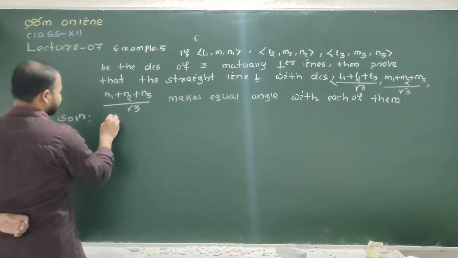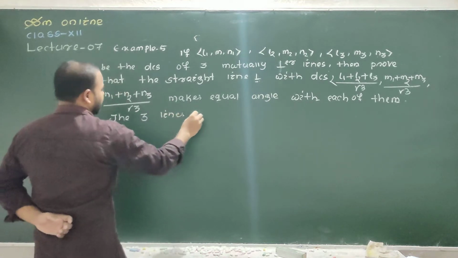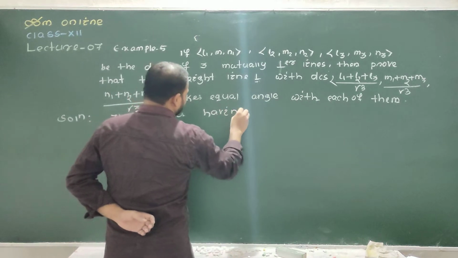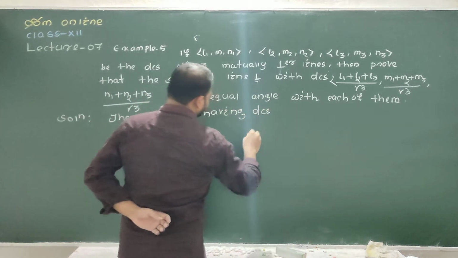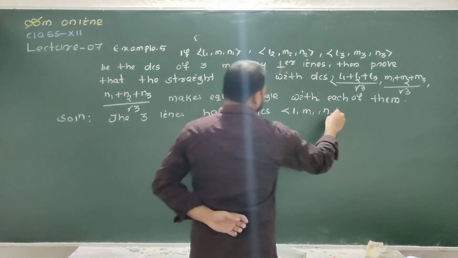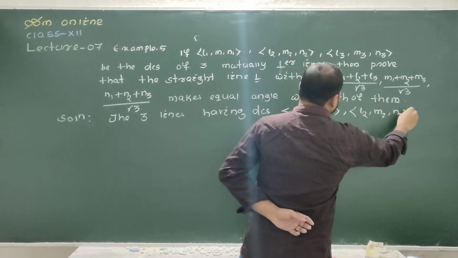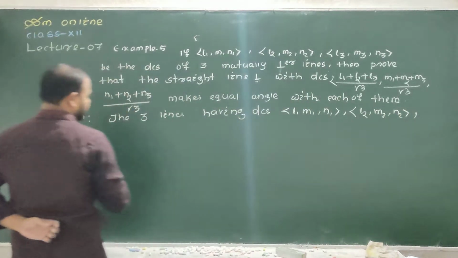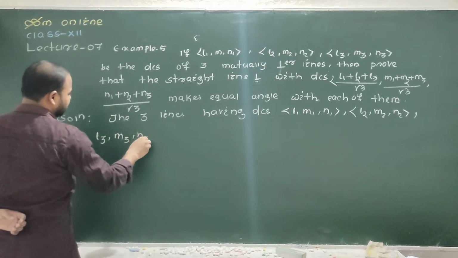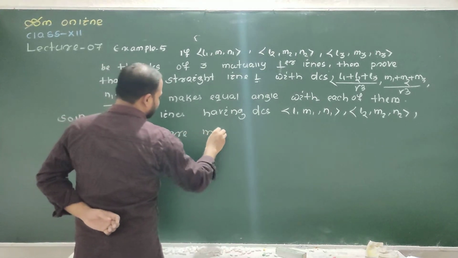The three lines having DCs L1 M1 N1, L2 M2 N2, L3 M3 N3 are mutually perpendicular lines.